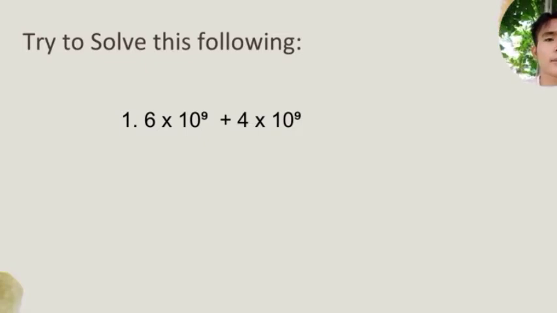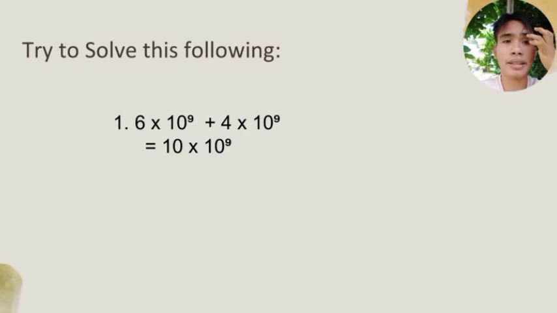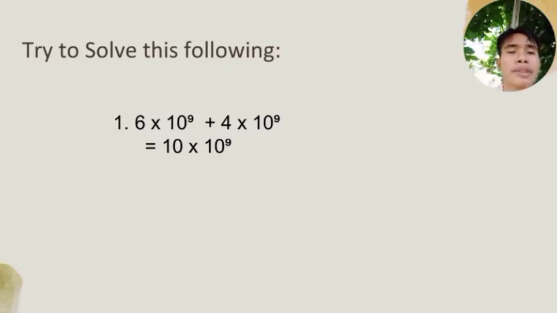Try to solve the following. You can pause the video and answer it afterwards. This problem has the same exponent, so we'll just add the coefficients and copy the power of 10.